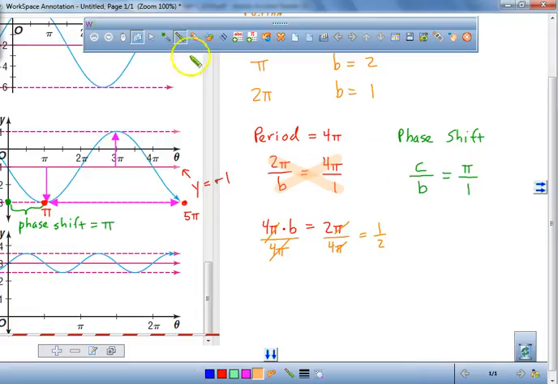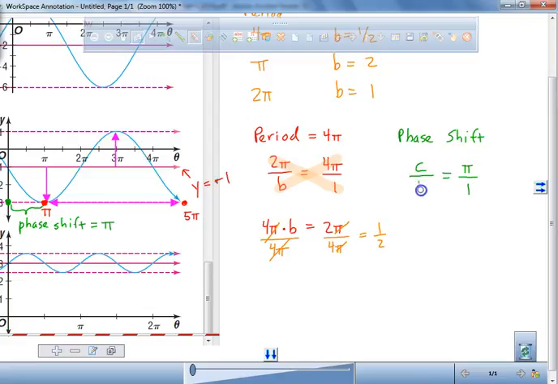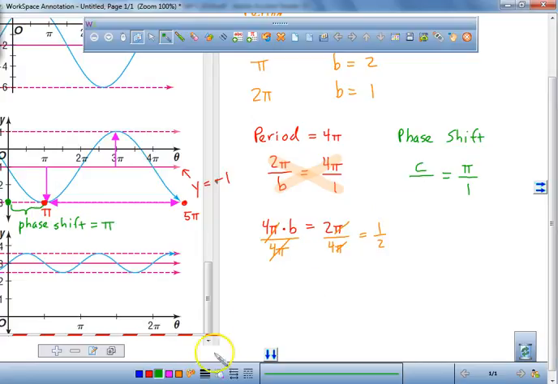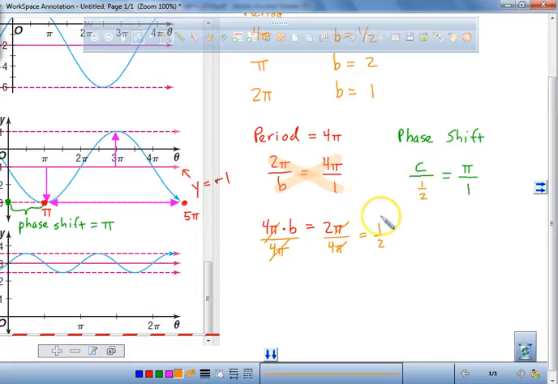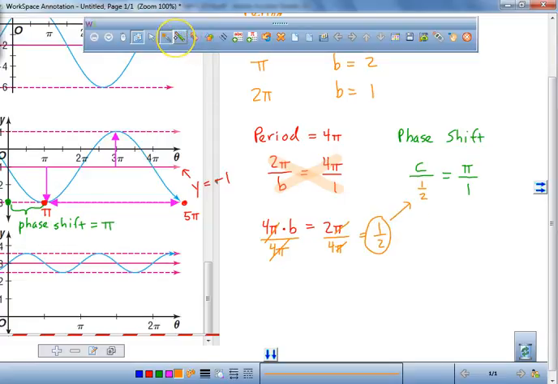Now the only thing I'm going to do differently is that I now know my value for b. What am I going to replace for my little letter b? Yeah, 1/2. Very good. So I'm taking c over b, but I replaced b with this half. So I just plug it in right there. When we cross multiply, Austin said c equals half of pi.